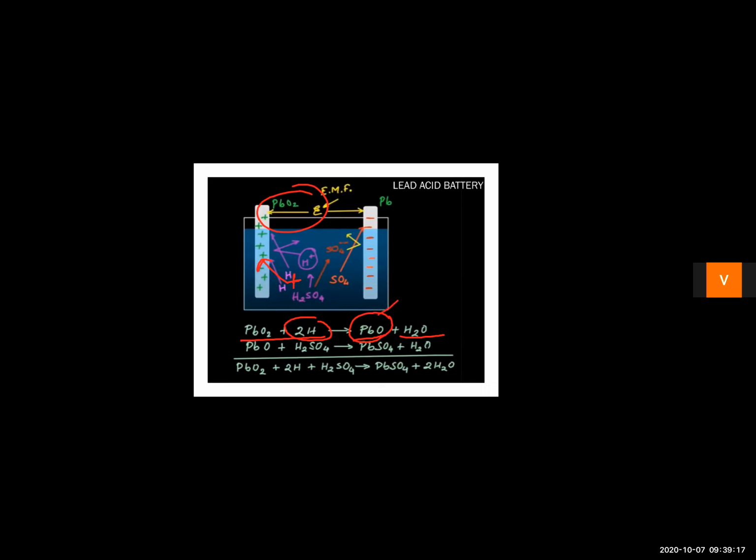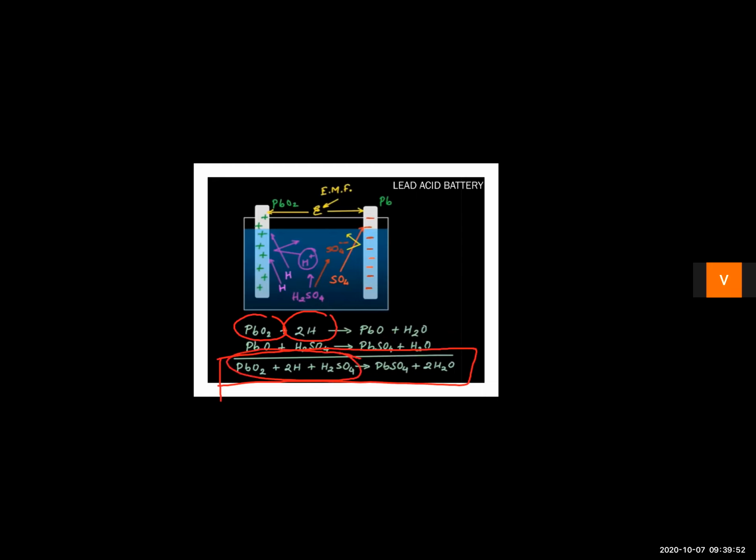Now this PbO that is formed will react with the sulfuric acid, and when it reacts with sulfuric acid, it forms PbSO4, that is lead sulfate, plus water is released. So if we see the conclusion of these two reactions, children, the final reaction is PbO2 reacting with two nascent hydrogen and sulfuric acid.